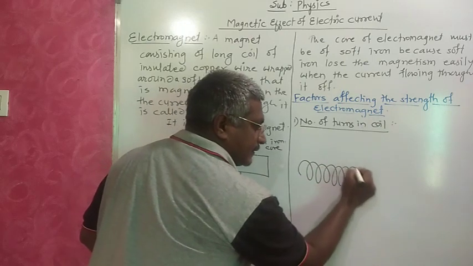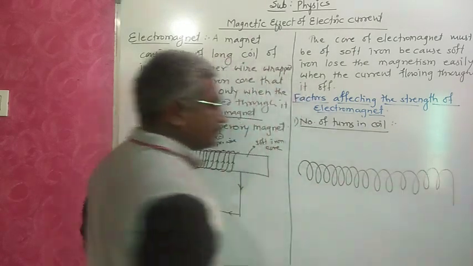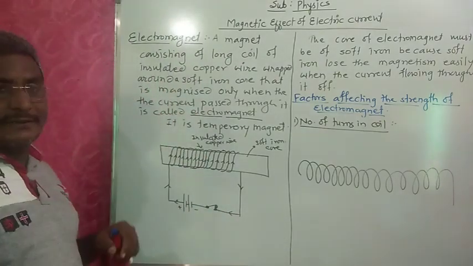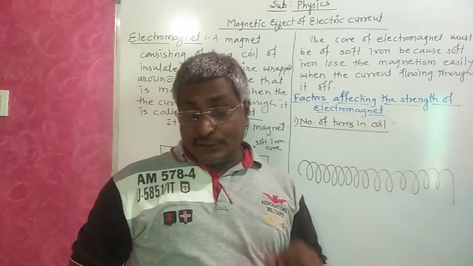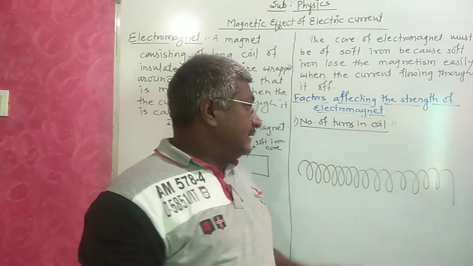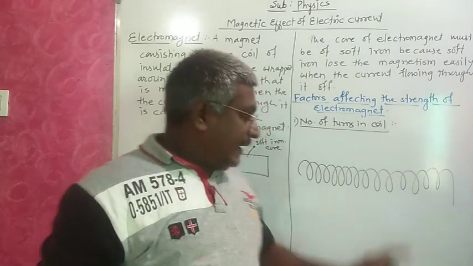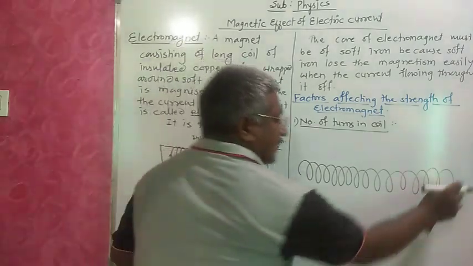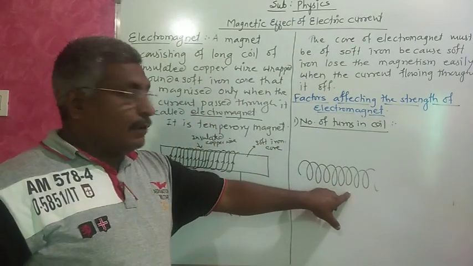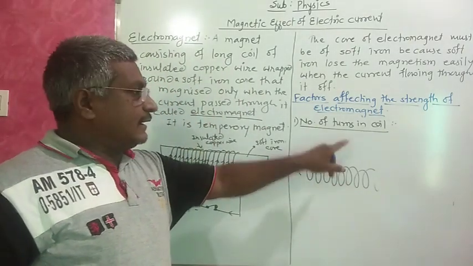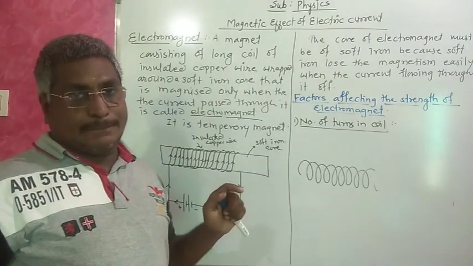If we increase the turns, so more turns are there, magnetism is stronger, which means the strength of the electromagnet will increase. If we decrease the number of turns in the coil, the electromagnet decreases in strength.